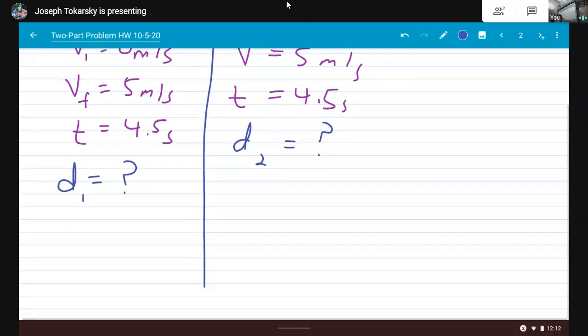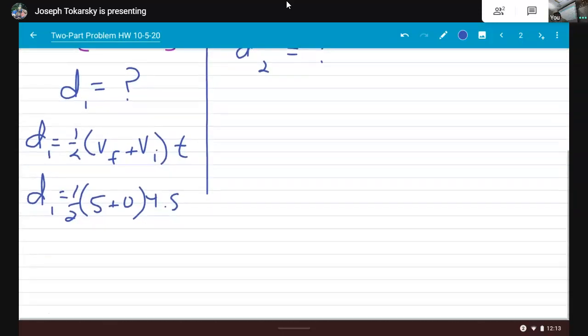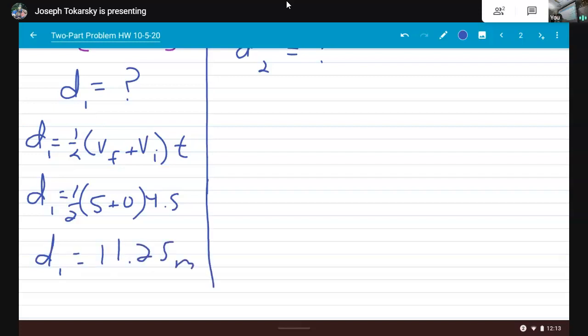It's already solved for D, so D1 will be equal to 1/2 (VF plus VI) times T. That's 5 plus 0, half that times 4.5. Run those correctly, and we get about 11.25 for this part. Meters. All the units are good. No conversion necessary.